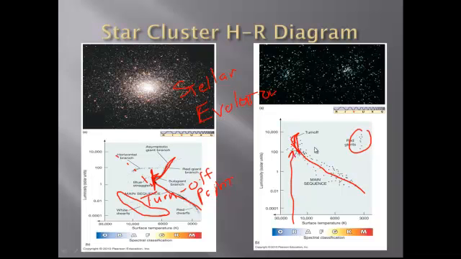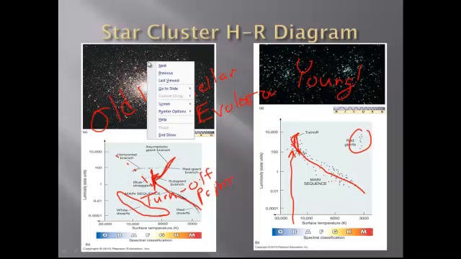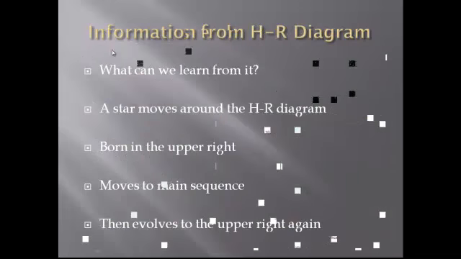So this is a younger cluster. So this would be a very, very old cluster, and this would be a very, very young cluster. So we see differences in the age. We can learn about the ages of the clusters. We learn about the distances to the clusters. It's a very good way of learning about the stars. It's one of our ways of studying the stars.